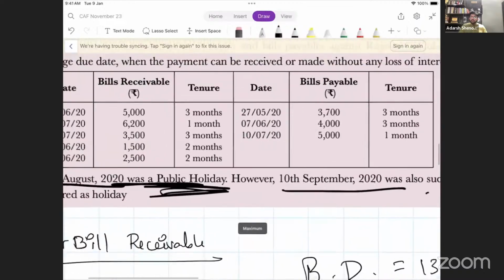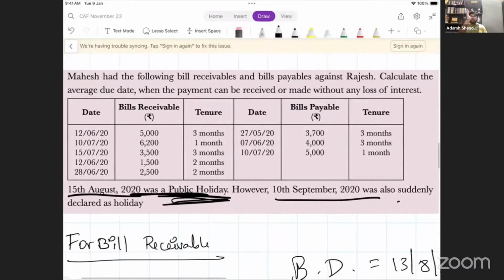Sir, will the holidays be given in the question? First things first. Will the holidays be given in the question like this, or should I sit and buy the calendar? I've got the new calendar of 2024. Sir, you don't have to buy the calendar. It doesn't make sense, right? What you have to do is remember some dates. Sometimes they might not give the holidays in the question.